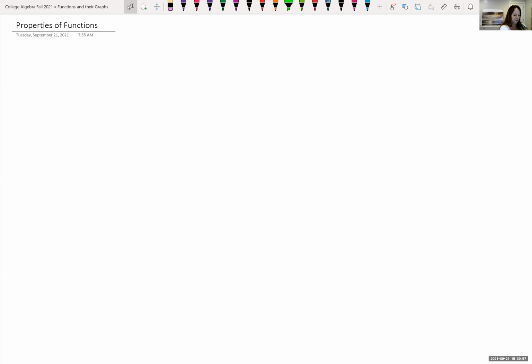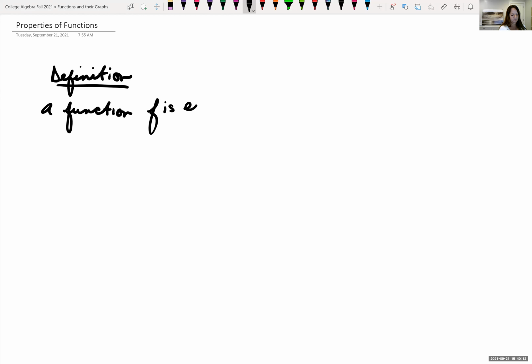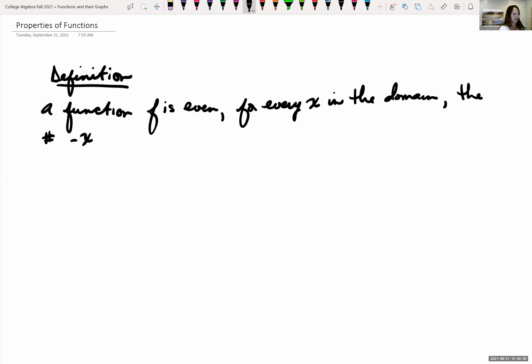So definition. You need to know what it means for a function to be an even function. So we say that a function f is even if for every x in the domain, the number negative x is also in the domain.